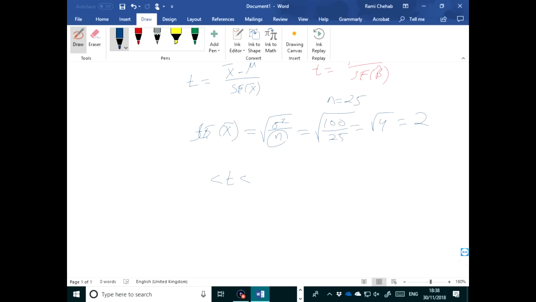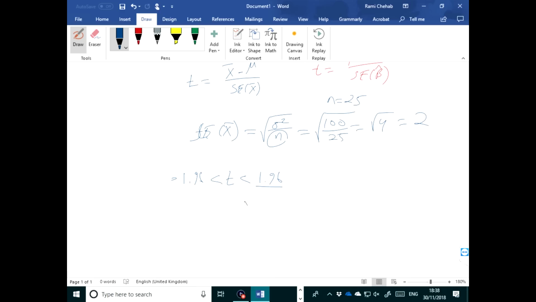Let's say here we are assuming a 95% confidence interval, and therefore we are looking at the 95% critical value, which is 1.96 for the normal random variable, and minus 1.96.